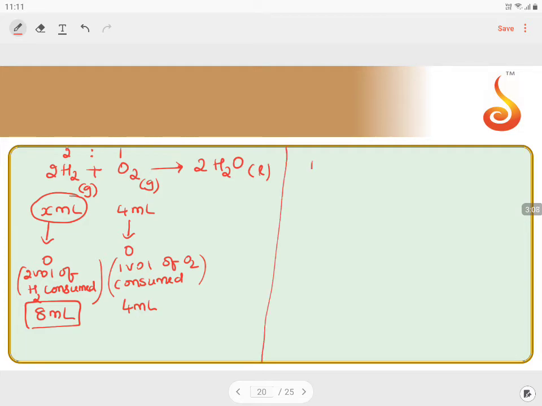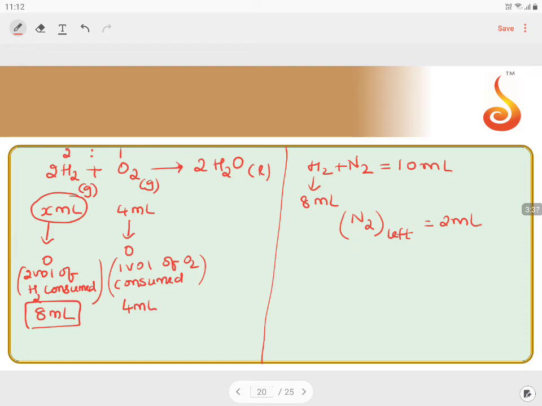We know hydrogen and nitrogen collectively is 10 ml, in which hydrogen alone is 8 ml. Sorry, nitrogen here, children. I'm sorry. So let me just erase this and write nitrogen. The mixture of hydrogen and nitrogen is 10 ml, where hydrogen alone is 8 ml. The volume of nitrogen left is 2 ml.